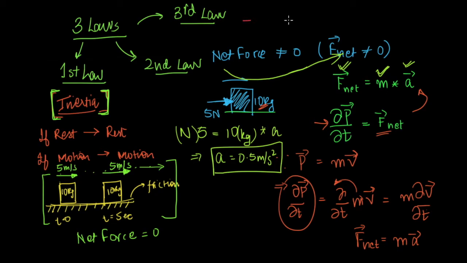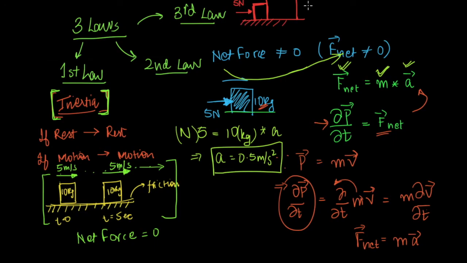So, to understand that, take the case of 2 boxes held close together like this. One is a small box, one is a large box. Now, if these 2 boxes are held close together, they are interacting. Then, say to the combined system, we push the entire system by some force. And that force, say, be 5 newtons.